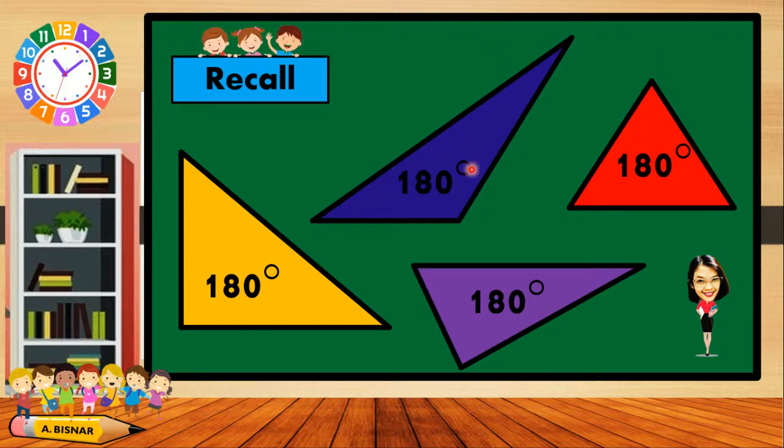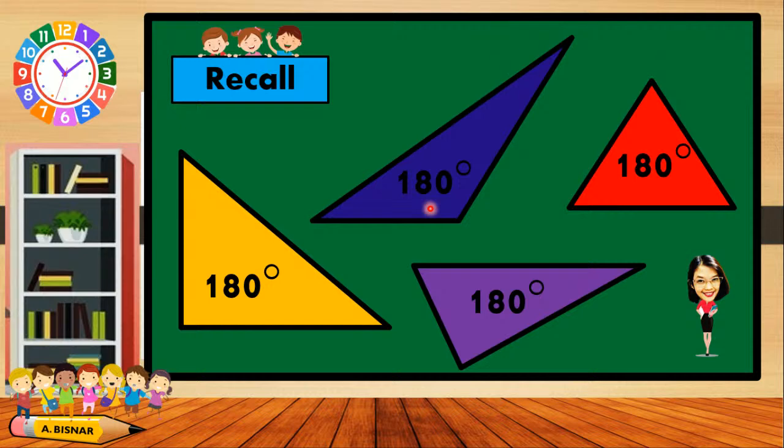This other triangle is an obtuse triangle because there is one angle that measures more than 90. So always remember, whatever the shape or type of triangle, as long as it is a triangle, the sum is always 180 degrees.